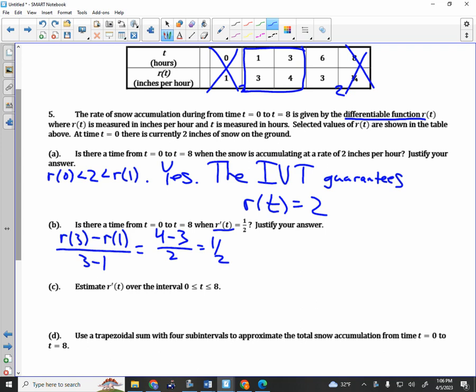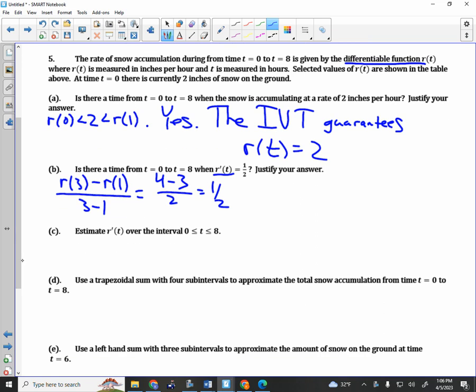So we've shown that there's a rate equal to a half. So the MVT guarantees R prime of t equal to a half. You good? Okay.